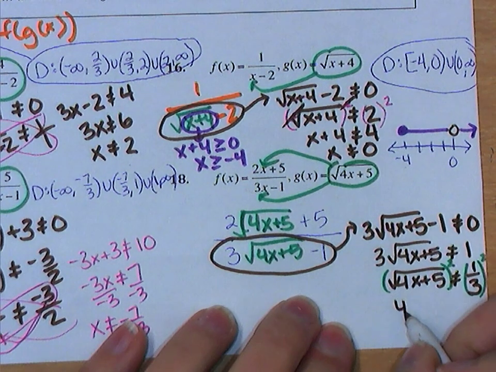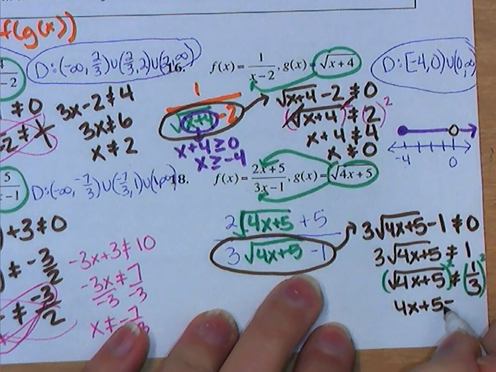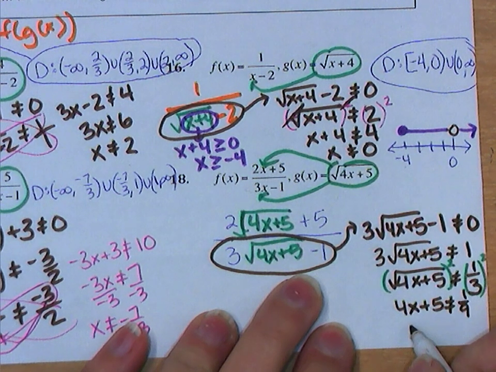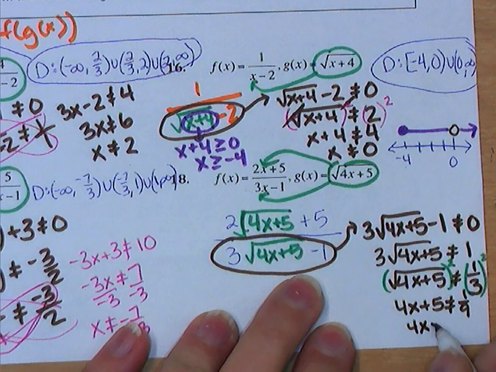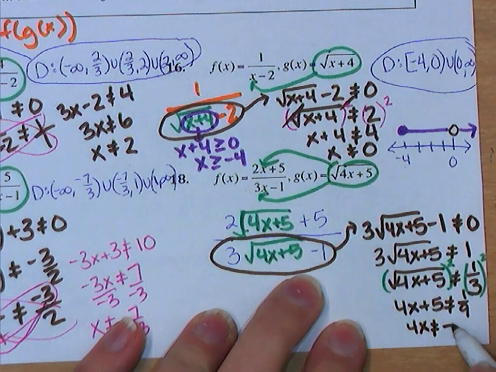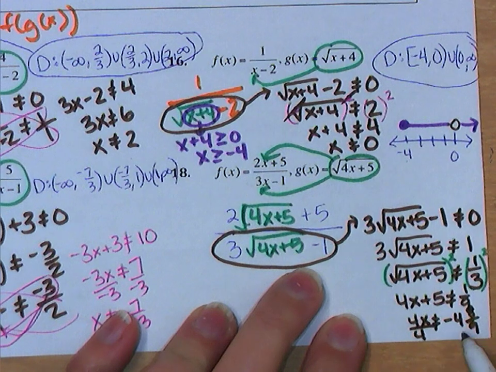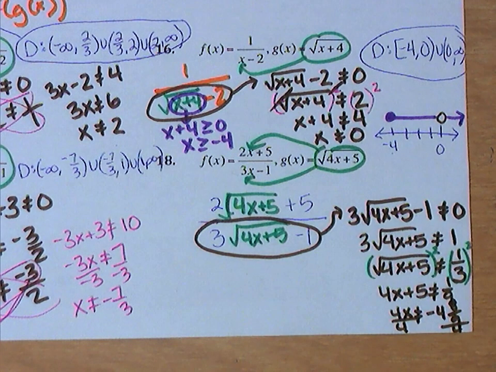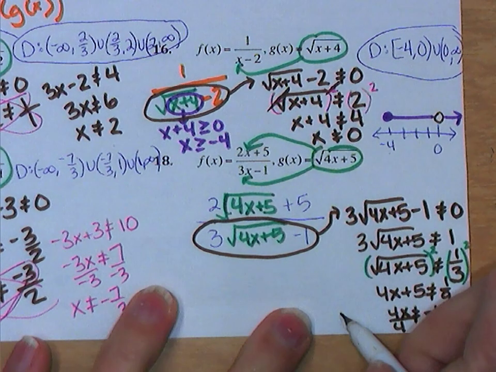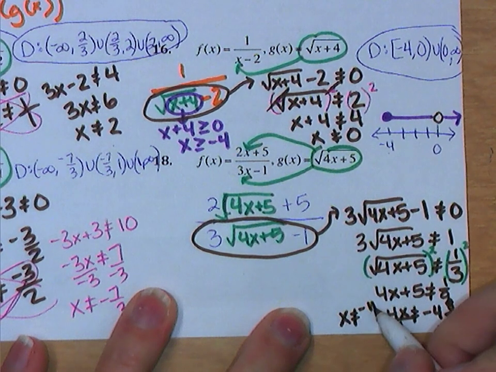So 4x plus 5 cannot equal 1/9. 4x cannot equal negative 4 8/9. And then divide that by 4. If you type that into the calculator, you'll get negative 11/9 for this one. X cannot equal negative 11/9.